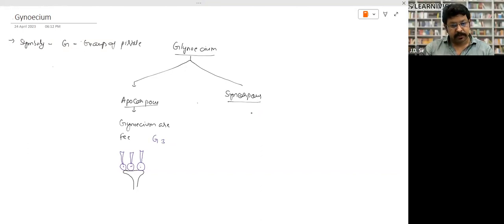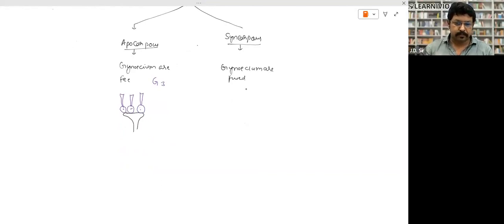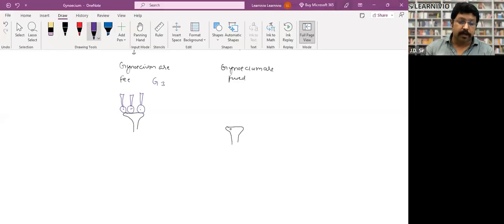In the syncarpous condition, the gynoecia are fused. Suppose this is a thalamus. There are three gynoecia and all three are fused. How will we represent it?